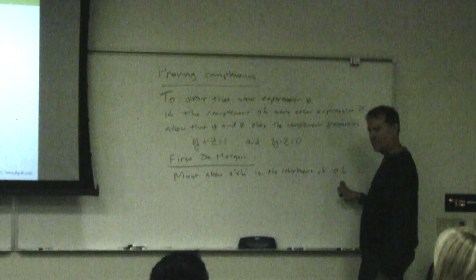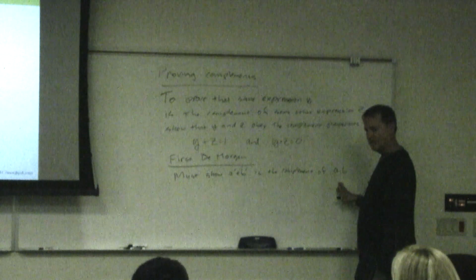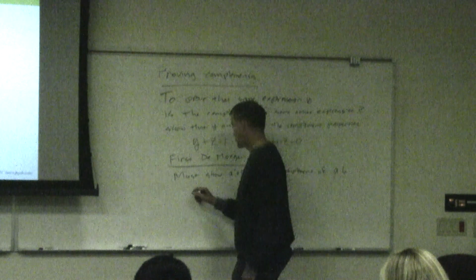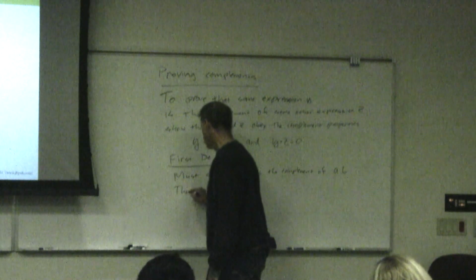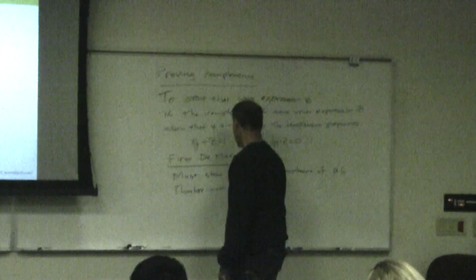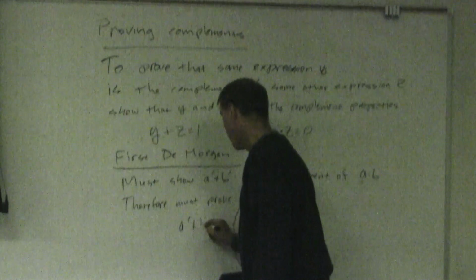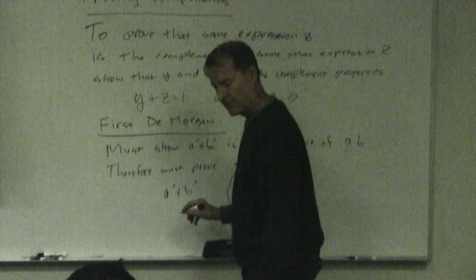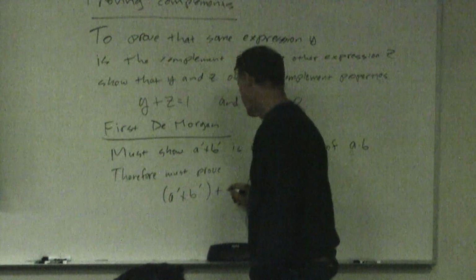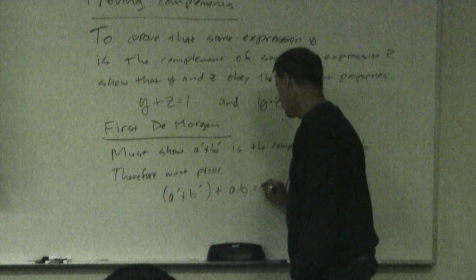Now, how do you show that this is the complement of this? By using the property. So what do we have to prove? We must prove that A prime or B prime, in parentheses, or A and B is equal to 1.